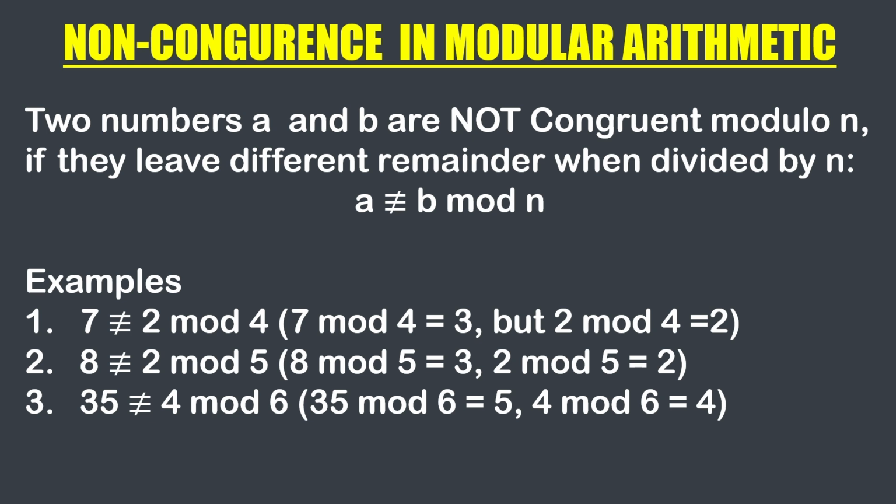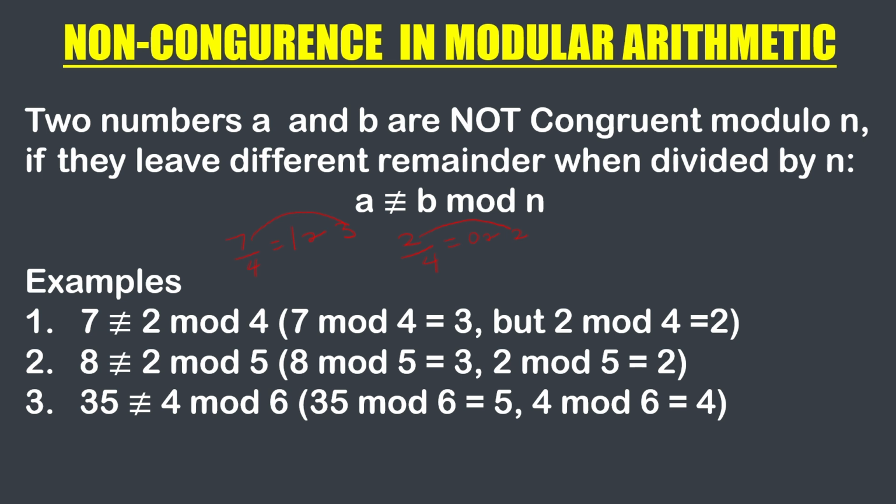As I explained, 7 divided by 4 will go once, remainder 3, and then 2, as you can see here, divided by 4 goes 0 remainder 2. So this is leaving a remainder of 3, while this is leaving a remainder of 2.